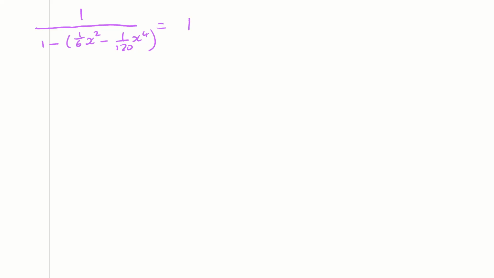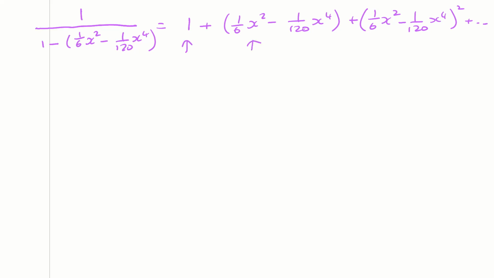So that can be, using the series for u we just had, 1 plus 1/6 x squared take away 1 over 120 x to the 4 plus 1/6 x squared take away 1 over 120 x to the 4 squared, and so on. We're not going to need any more than that. We've got a constant term, an x squared term, and an x to the 4 term. Those are going to be our first 3 terms.